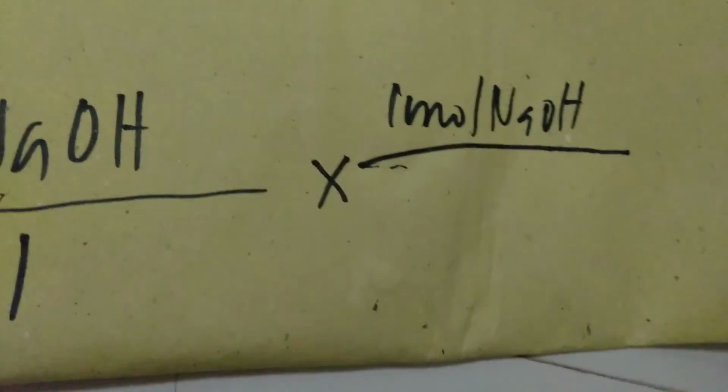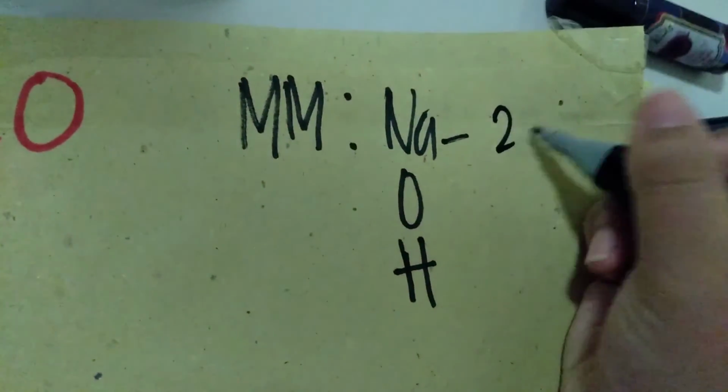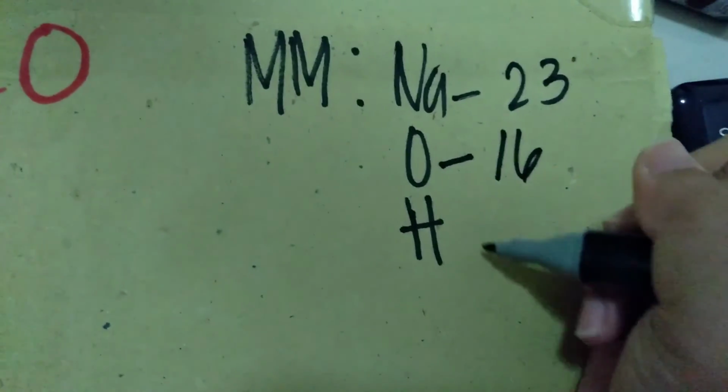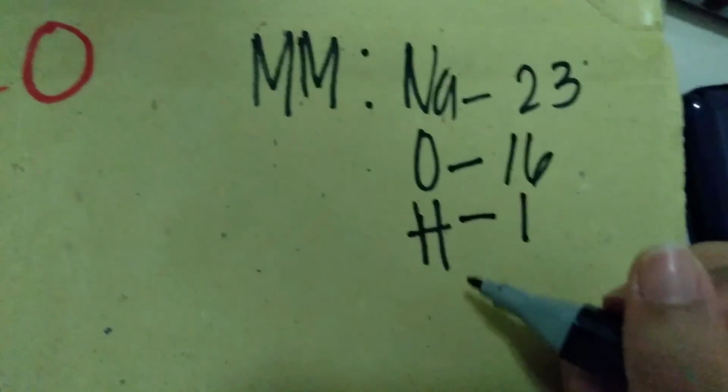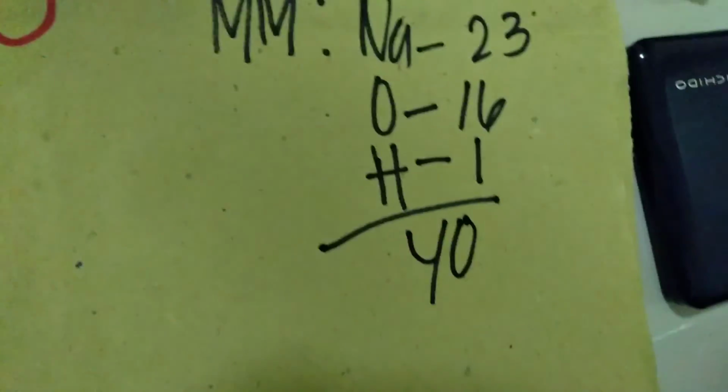First, let's solve for the molar mass of the sodium hydroxide. The atomic weight of sodium is 23, oxygen is 16, and hydrogen is 1. So let's just add this and it is equal to 40.